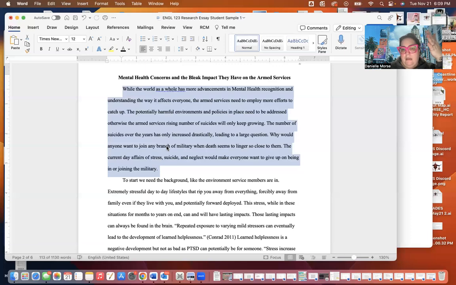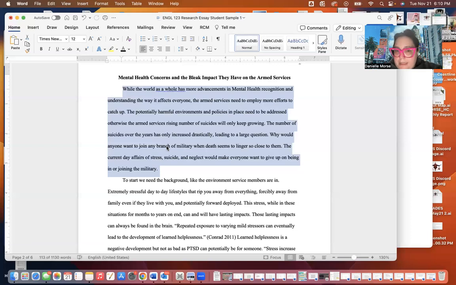Because I'm presuming and inferring, and as a reader, I should never be presuming or inferring, because now you're not hand-holding me as a reader anymore. I'm now doing cognitive work on my own to understand what you're trying to say here. Not you, but the student. Firstly, I would say, the potentially harmful environments and policies, what does that mean?